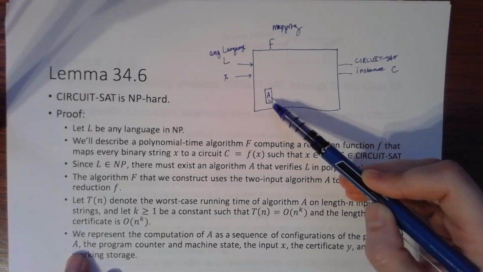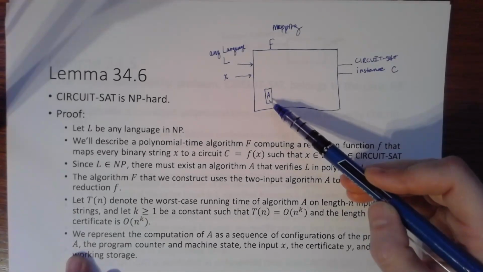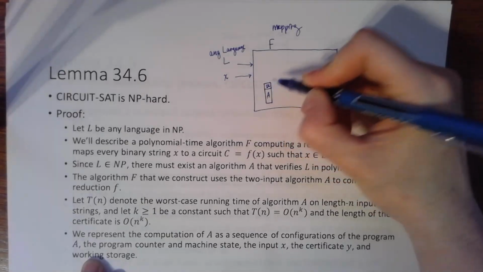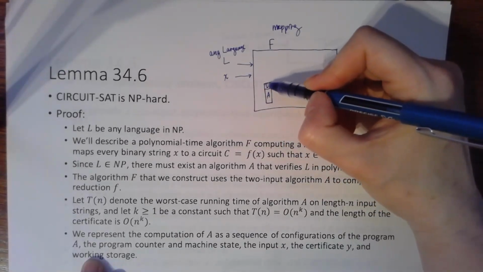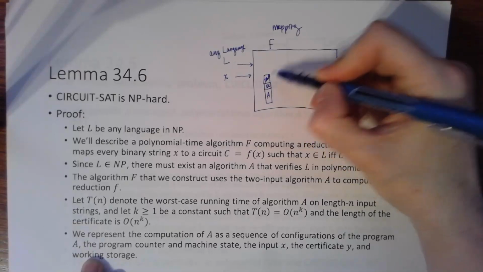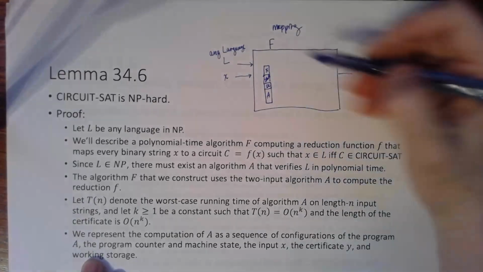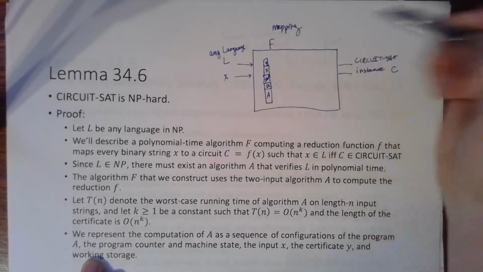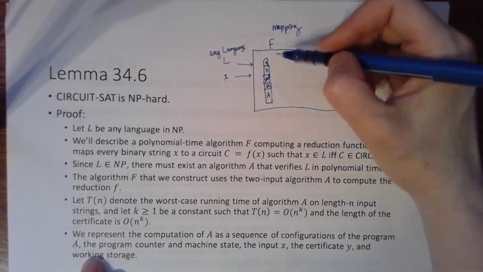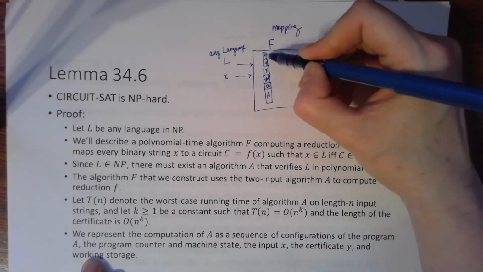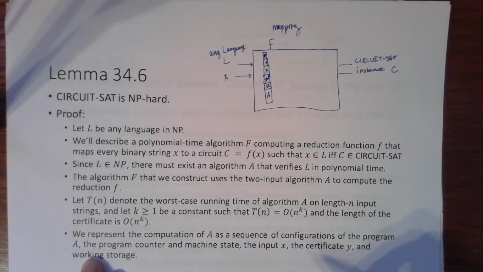If it was running on the machine, we would need to keep track of the program counter, the machine state, the input that we're checking, X, the certificate, Y, and any working storage that's part of the machine. This is like memory.